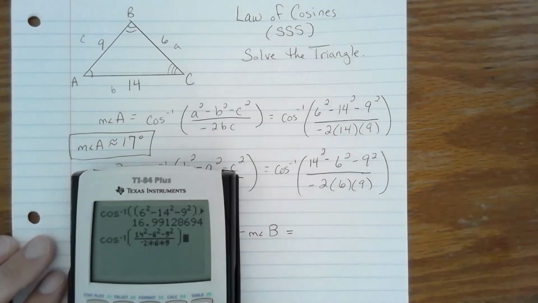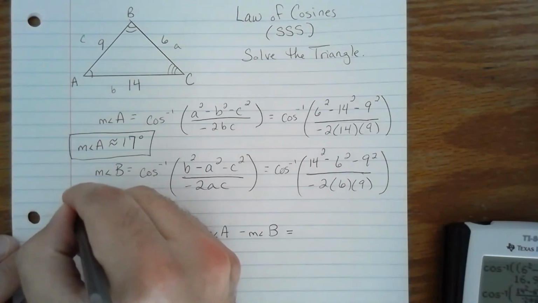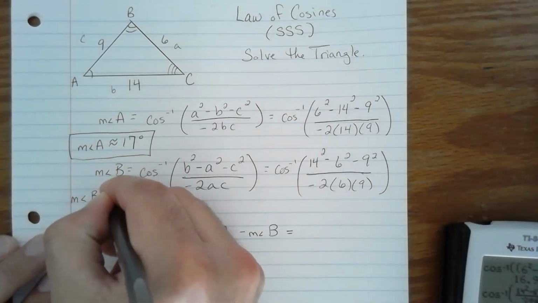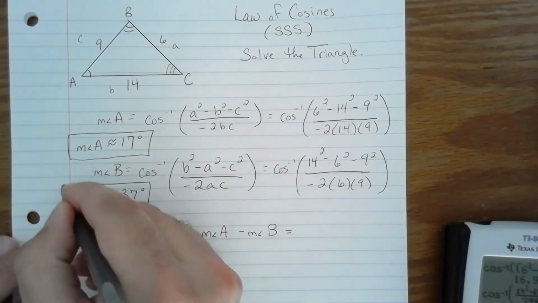And always double check. I went a little fast on the first one, but it worked out. Just make sure you don't type something in wrong. It's worth comparing this back to what you have written down. Here we get about 137 degrees. So the measure of angle B is approximately 137 degrees. We'll box that in as our second answer.